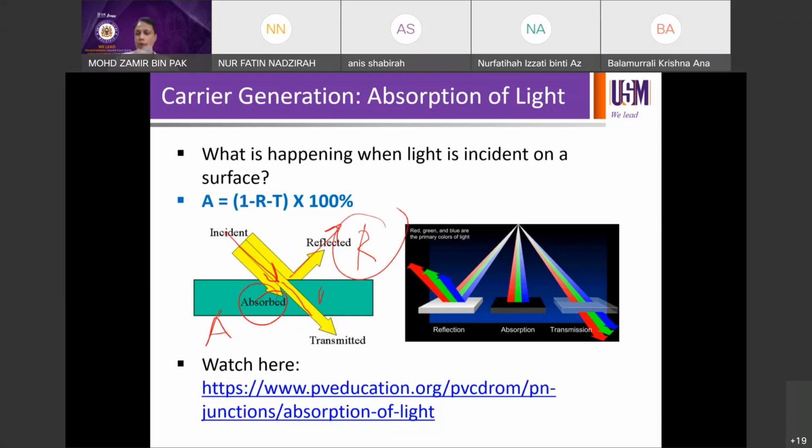Some portion is already reflected away off the material upon incidence, and then the remaining will be penetrating into the depth of the material, and some portion of the photons will be absorbed, right? So the photons that are not absorbed will be transmitted at the back. Whether you can see that or you cannot see that, right?